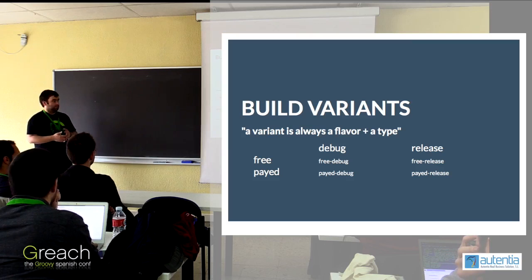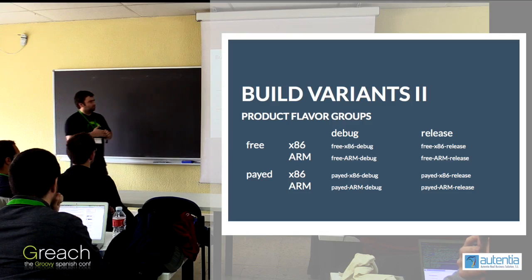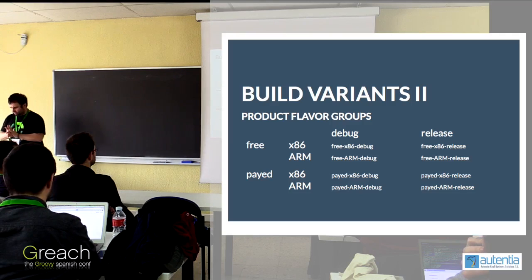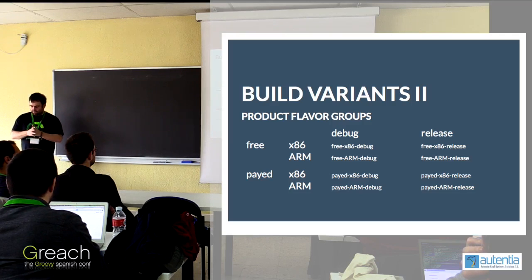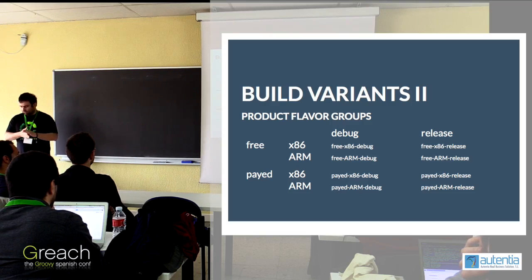You can even drive that further if you like. It's not that you are locked in with two axes. You can have a third one, and there we use product flavor groups. So you can have a new axis, like if you need to support different kinds of architectures, you can have a flavor group that's based on architecture.